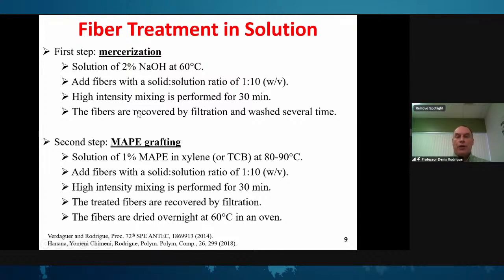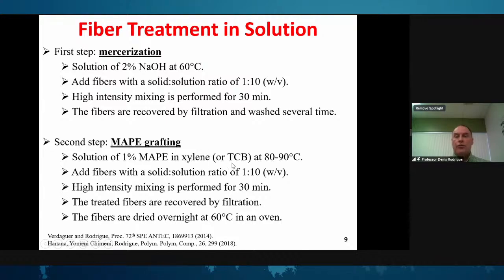Once you have done that, you have a clean fiber that is available to be modified on the surface. We graft the maleic anhydride polymer directly on the surface by making a solution of your coupling agent in a solvent.